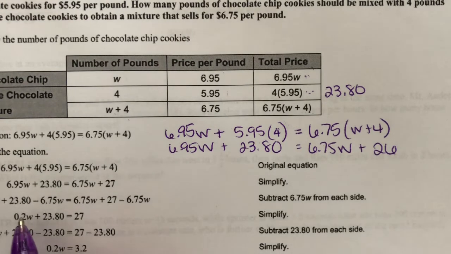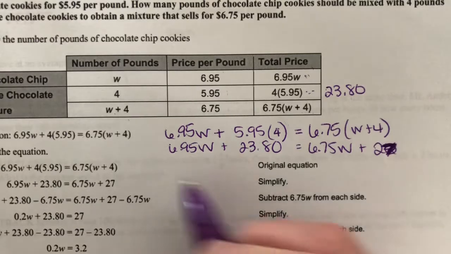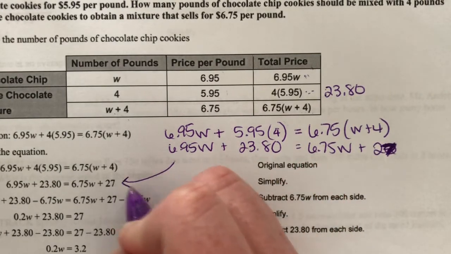Down here. Oh, 27. What did I do wrong? 6.75 times 4, 27, yeah, sorry, my fault. Okay, so once we get this right here, we're going to catch up at this line.